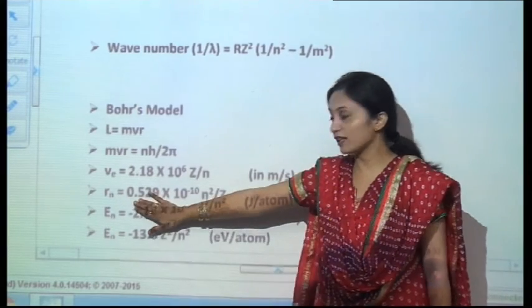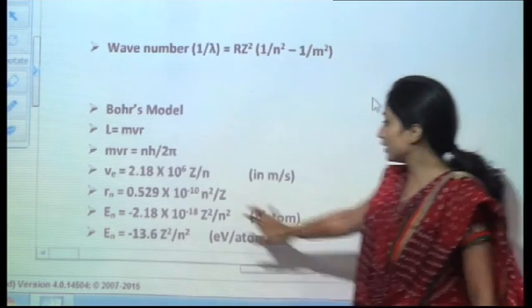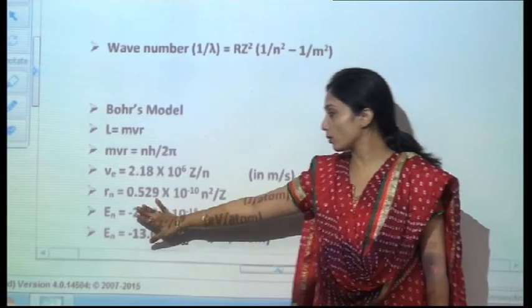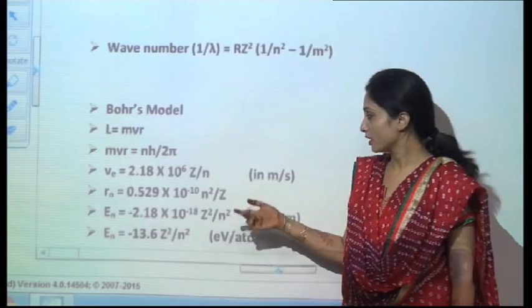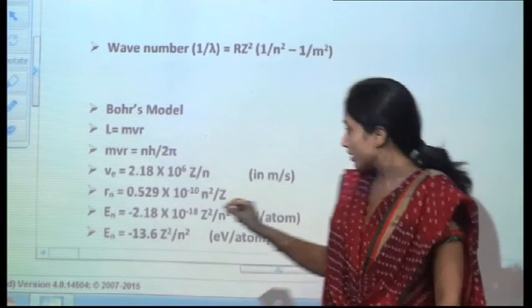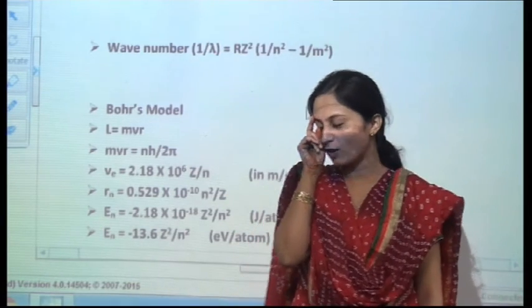Okay, and then you have the radius. Radius is equal to 0.529 n square by Z. If you say 0.529 n square upon Z, then I am talking about it in angstrom. So remember this 0.529 factor also. And just tell me what will be the radius for the first orbit of hydrogen atom.